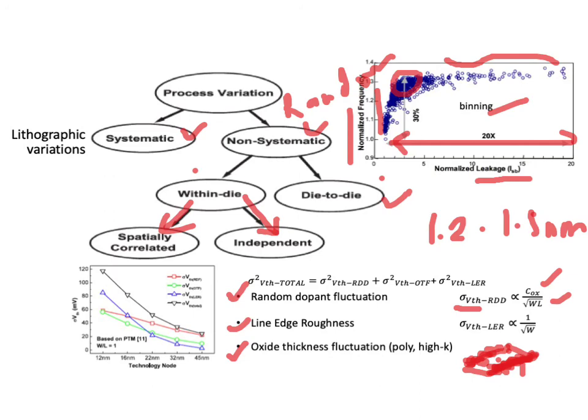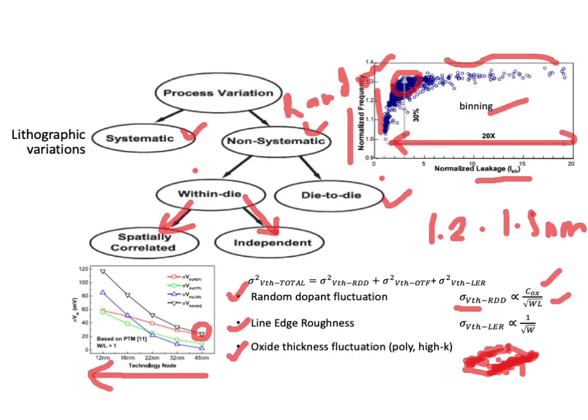Okay, and this graph shows the trend of relative importance of these three independent random variations as we go towards smaller and more advanced technology nodes, that is, as we shrink the transistor lengths. In the 45 nanometer process technology, the random dopant fluctuations, this red line here, contribute the majority of the threshold voltage variability.